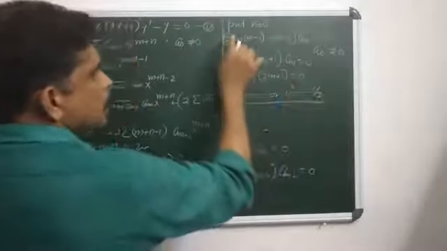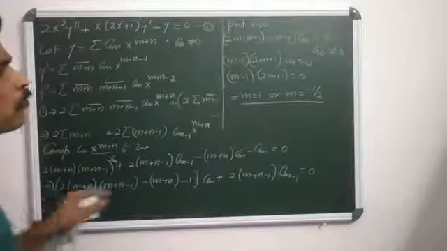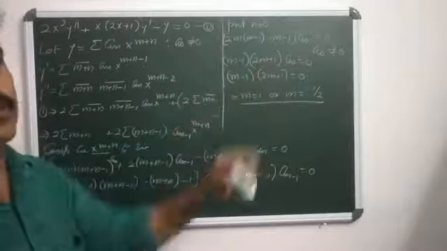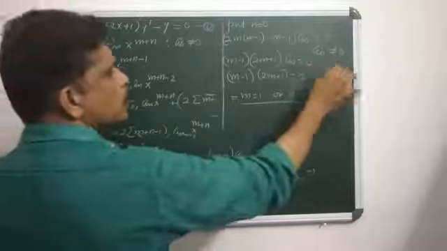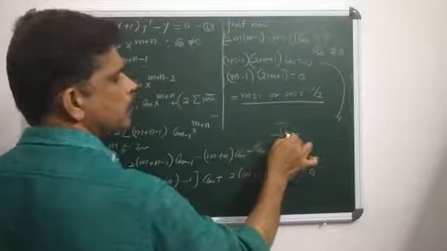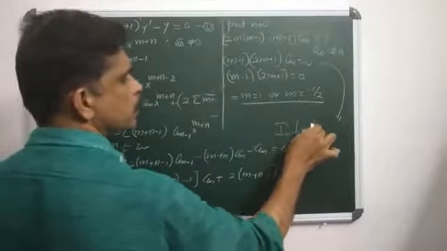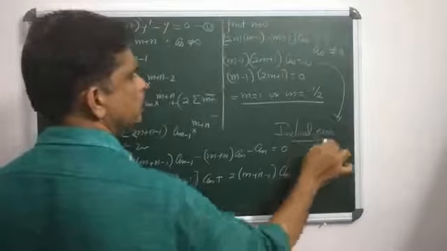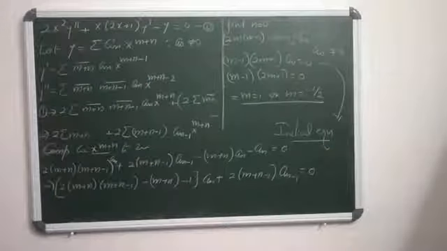So listen, when n equals 0, you have m minus 1 into 2m plus 1 a naught equals 0. This equation is said to be an indicial equation. You can find the indicial equation in another way, which we will discuss later.